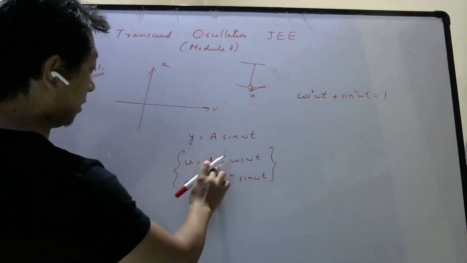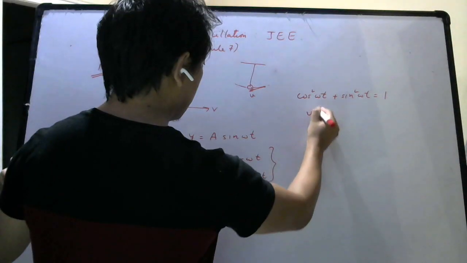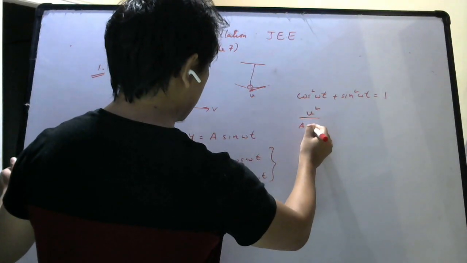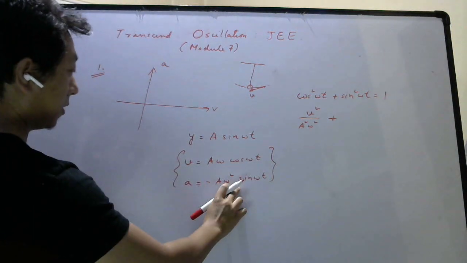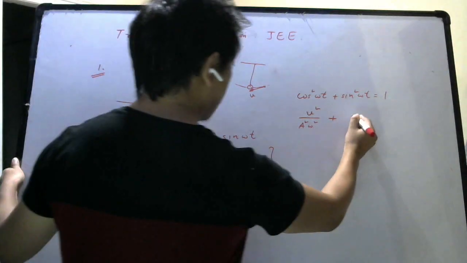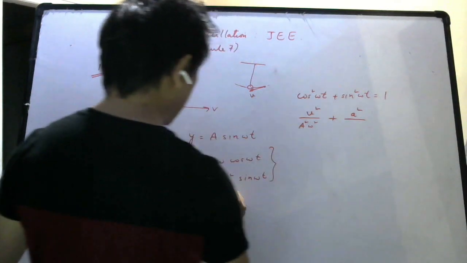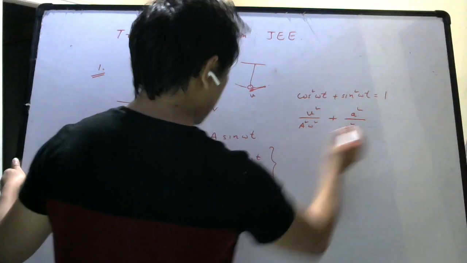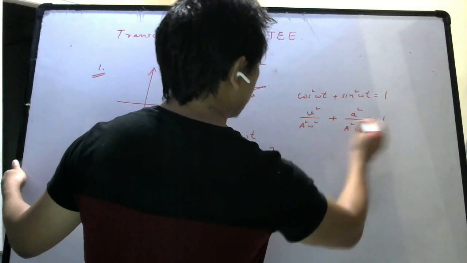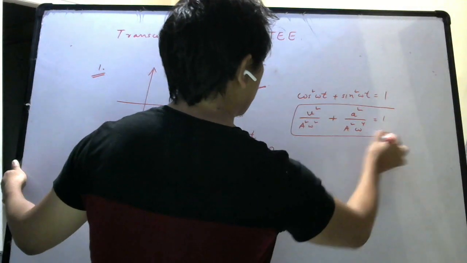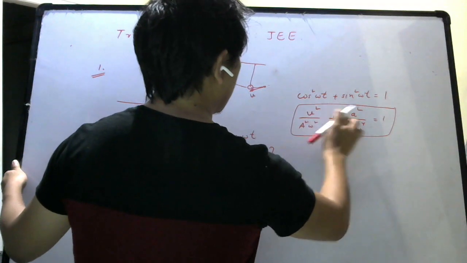If I bring A omega downstairs, it becomes v square by A square omega square, plus sine square omega t will be, if you square it, a square divided by A square omega power 4, equals 1. So this is the equation between velocity and acceleration.